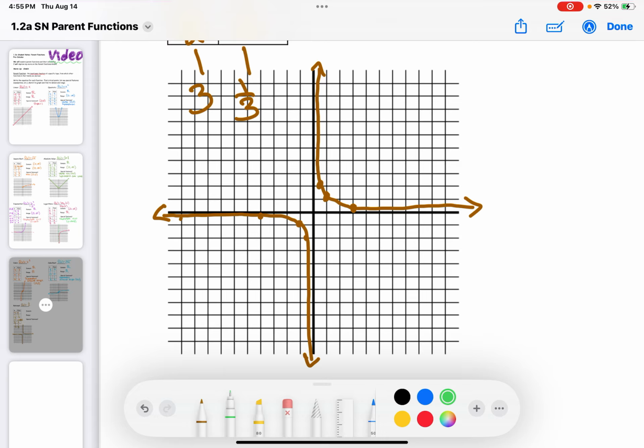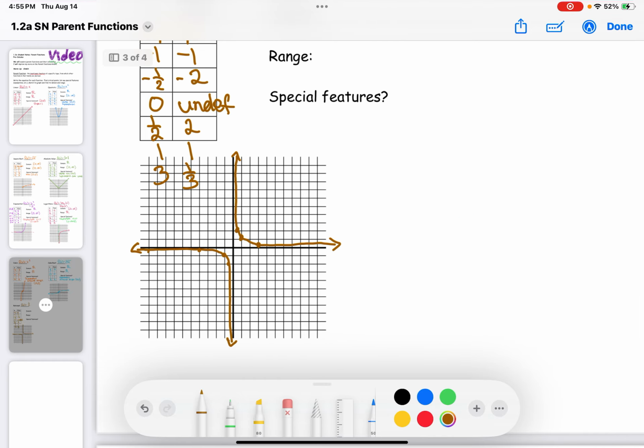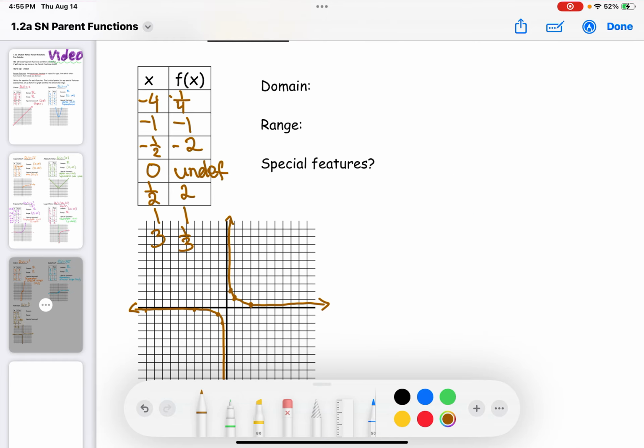So this graph has a domain that cannot include 0. It goes from -infinity to 0, not including 0, union 0, not including, to infinity.